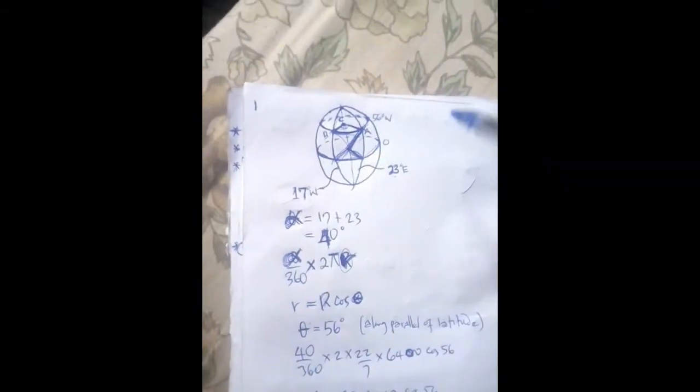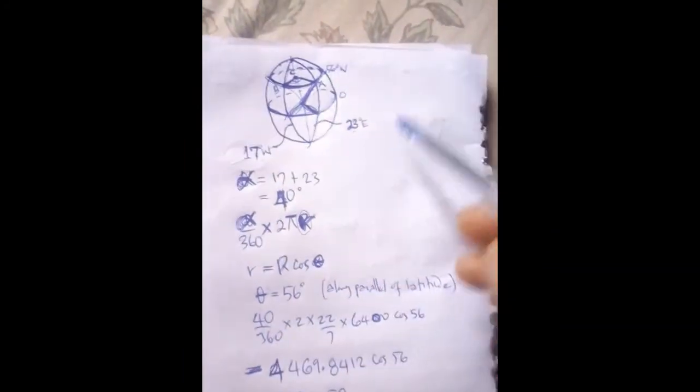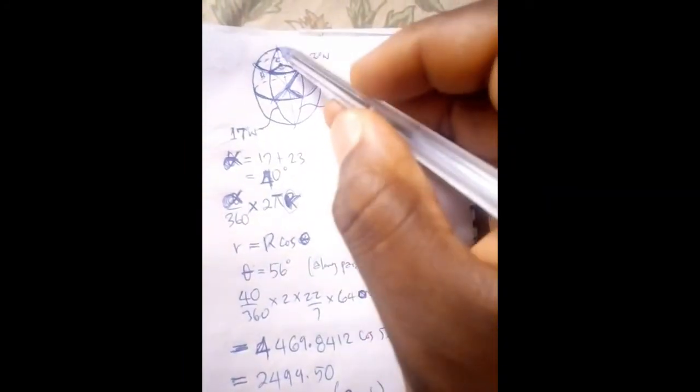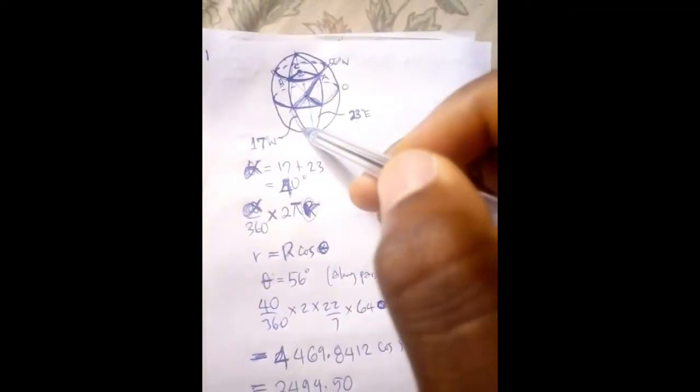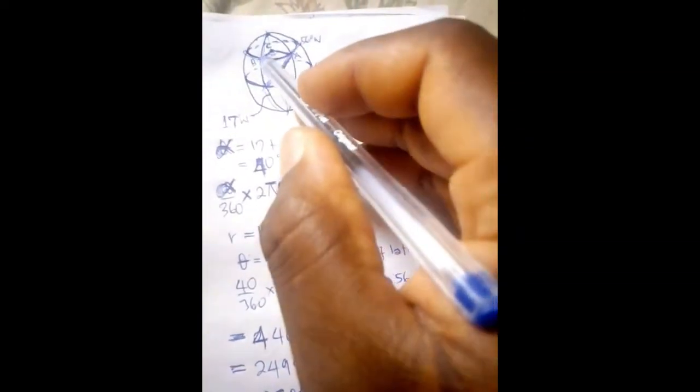So we have our equator, which is 0 degree, and we have our latitude, 56 degree north, and then we have our longitude, 17 degree west and 23 degree east.